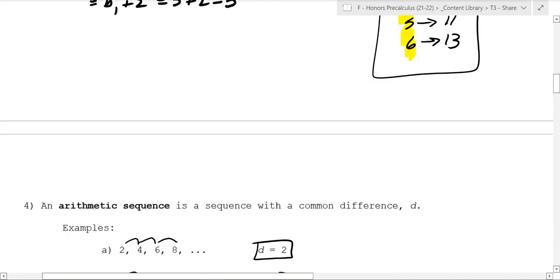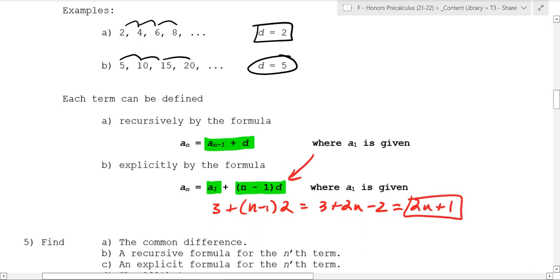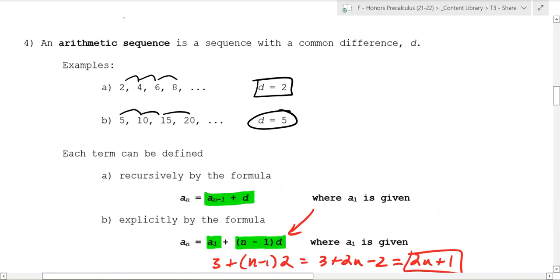So we can actually use this formula right here, plus n minus 1 times the common difference, which is 2. And if you simplify this, you get 3 plus 2n minus 2, which is just 2n plus 1, which is what we got before. But this is a formula we can use for any arithmetic sequence to get the explicit definition, which is very, very useful. Recursive is cool, but explicit is more useful in general.